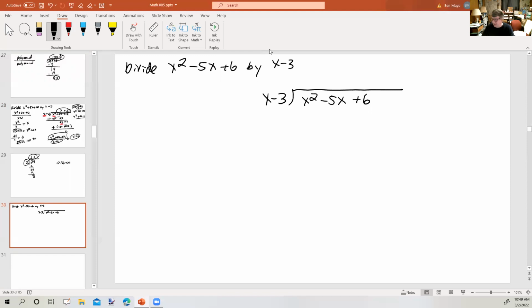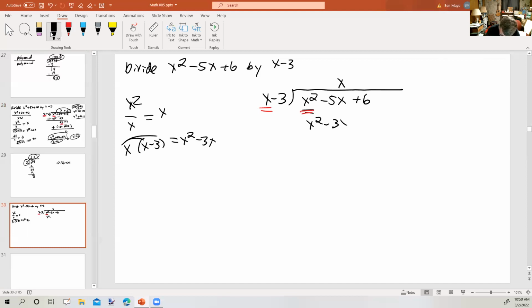Again, inside and outside, they're in descending powers. I'm going to focus on the leading term inside, oops, I want it to be red, and the leading term outside. So I'm going to take x squared divided by x, which is x, which I'll put there. Then I'm going to take that x times x minus 3, which is x squared minus 3x, which goes there.